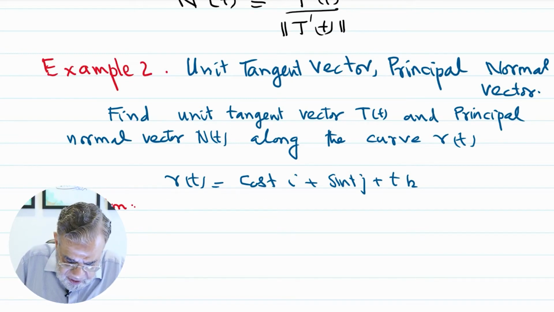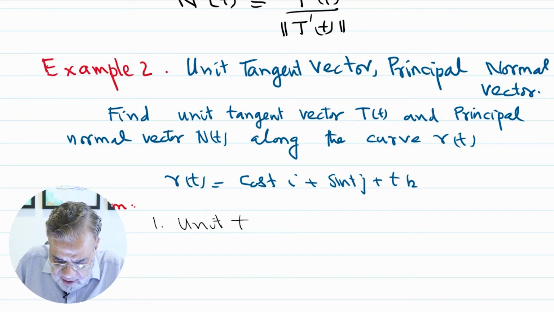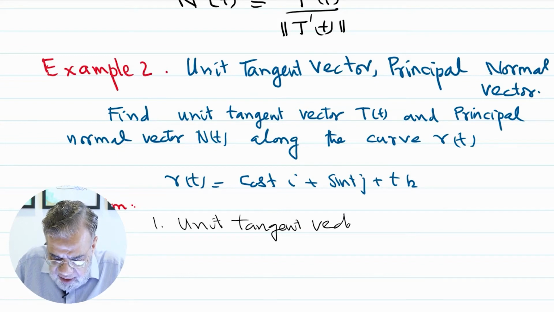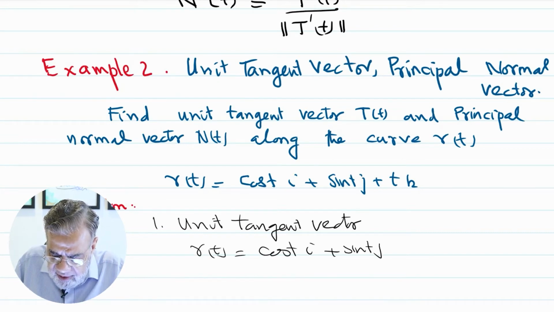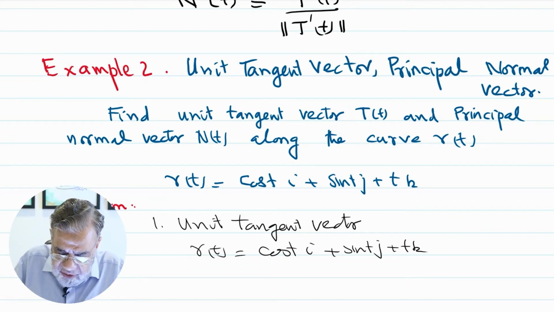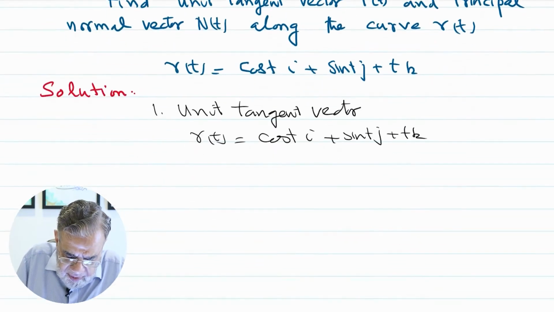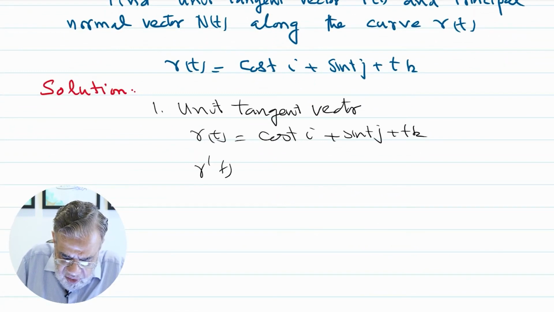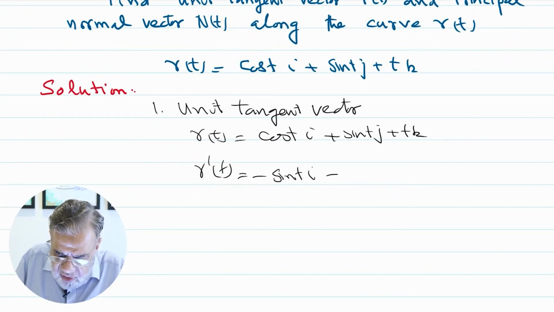So number one, we find the unit tangent vector. r of t is given to us, equal to cosine t i plus sine t j plus t k. I take the derivative of this and write r dash of t, which is equal to minus sine t i plus cosine t j plus k.